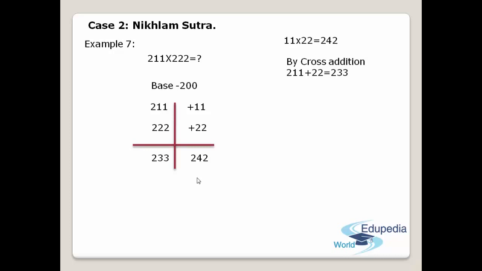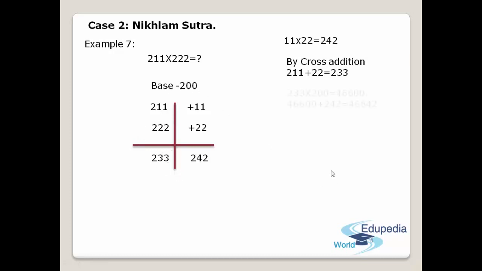Therefore, the procedure you have to follow is to multiply the base number with the number on the bottom of the left column. On the left column bottom side you have 233, so you multiply this 233 with 200.